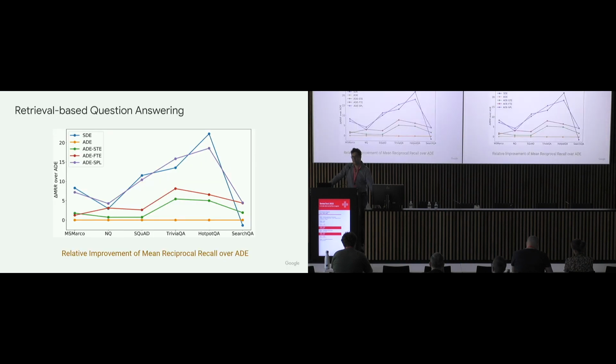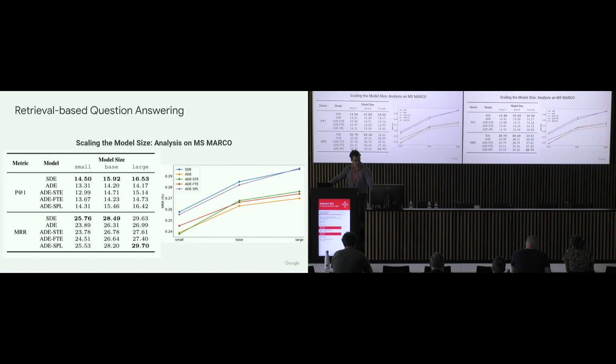And this is the Siamese dual encoder improvement over the asymmetric dual encoder on mean reciprocal rank. You can see that for the different data sets, the increase in performance of the Siamese dual encoder versus the asymmetric dual encoder is very similar to that of the asymmetric dual encoder with the shared projection layer. So they're basically performing the same.